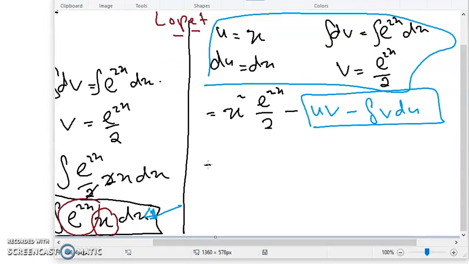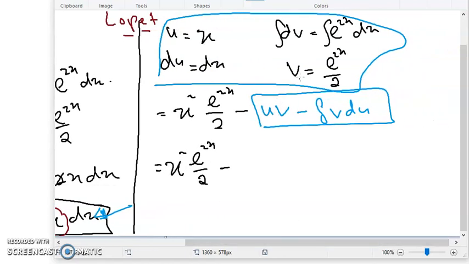So then the next one, what can you do? You'll be having x squared here, e power of 2x over 2 minus, what is your u in this case? u is equal to x. What is your v? It is equal to e power of 2x over 2, minus integral of v du. So the v again will be e power of 2x over 2, and du here is dx.